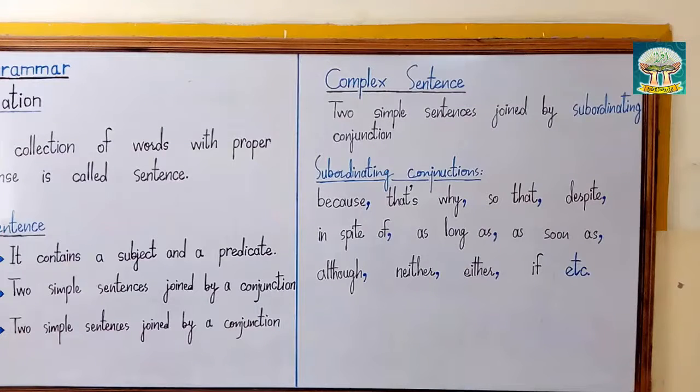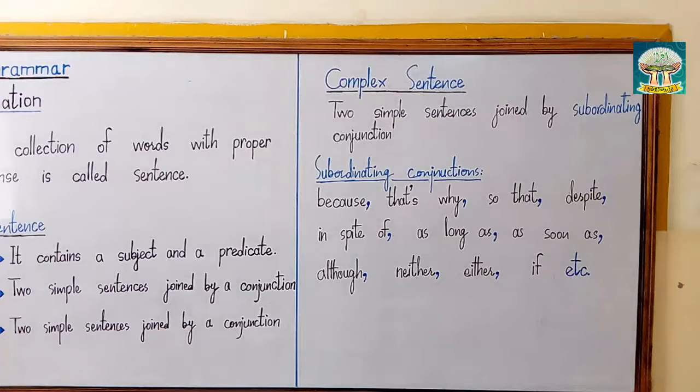While a complex sentence is a combination of two simple sentences joined by a subordinating conjunction. What are subordinating conjunctions? All the conjunctions excluding the 7 coordinating conjunctions. You remember FANBOYS. Excluding those, every conjunction is called a subordinating conjunction.